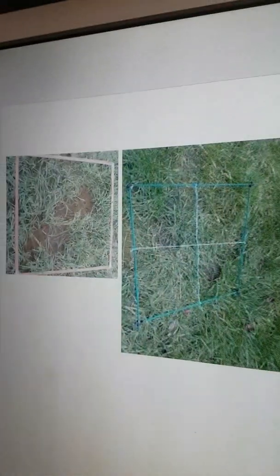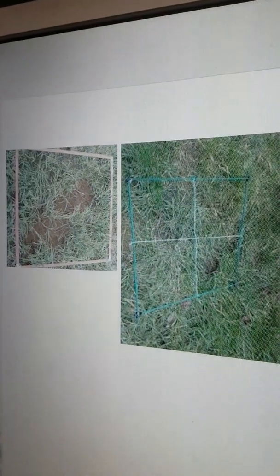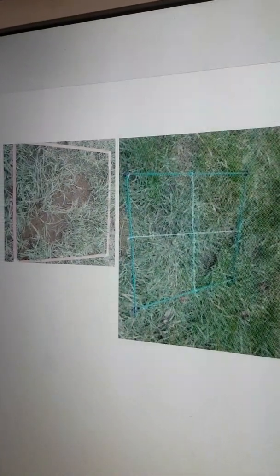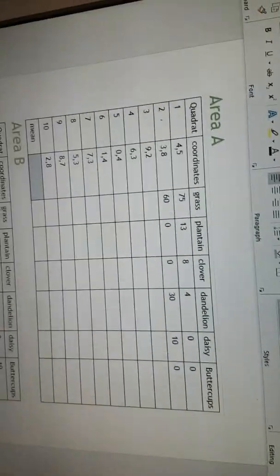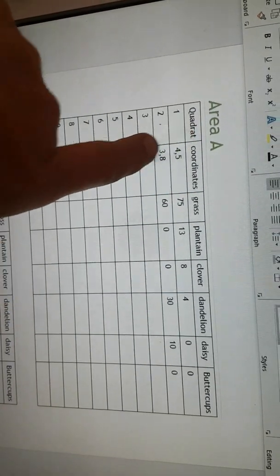What you must do is make an effort to make sure your percentage covers are as accurate as possible, because whilst percentage cover does save us a lot of time, it can of course be a little less accurate than counting individuals, so you must make it as accurate as you can. So, in the end, for say field A, you might have designed a results table like this.